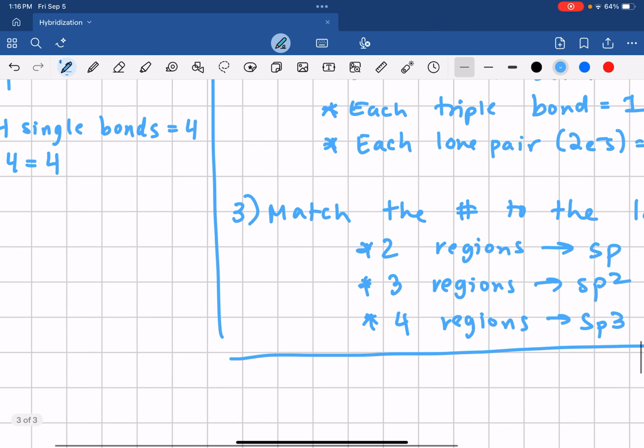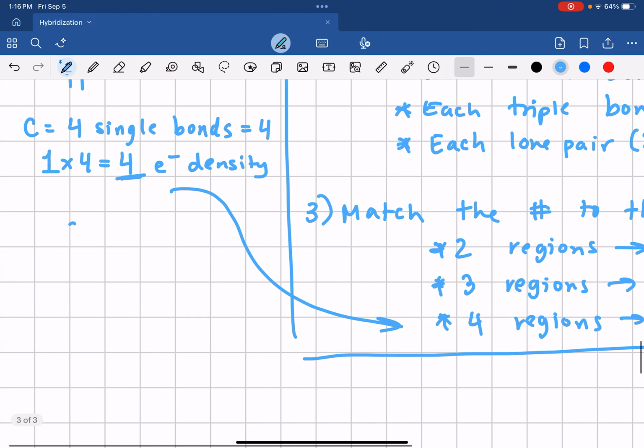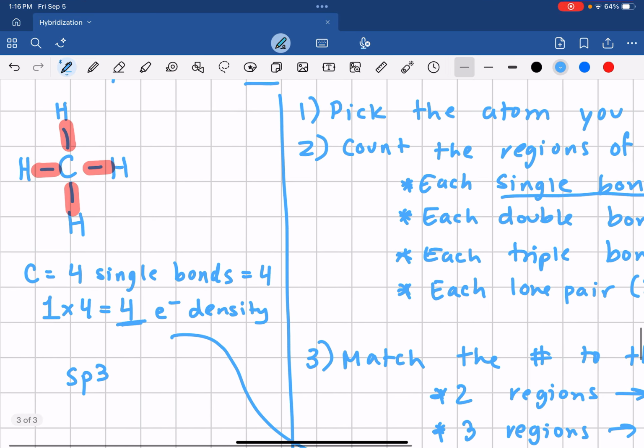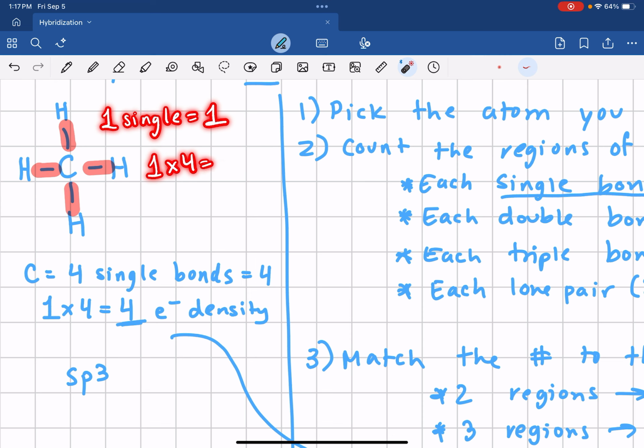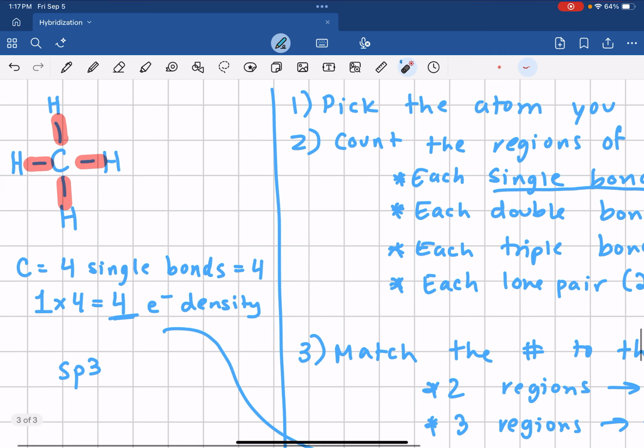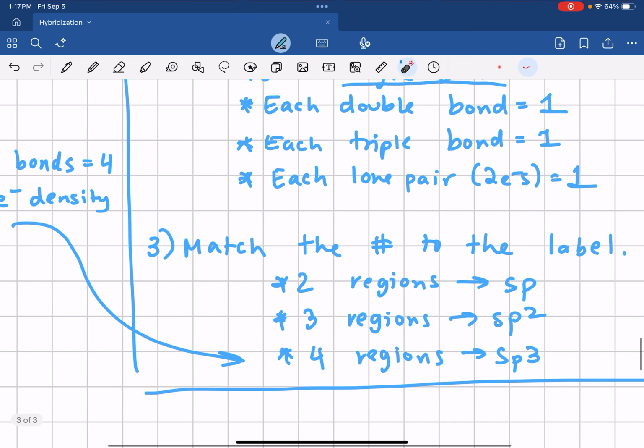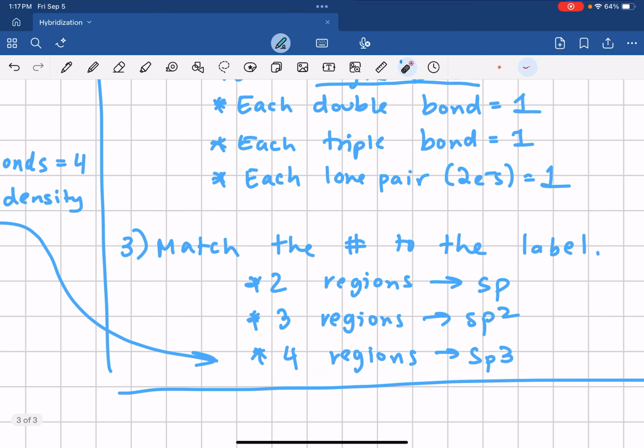Looking down here, if there are 4 electron density regions, that'll give me an sp3 configuration. Let's recap that again. Carbon has 4 single bonds. And we said each single bond counts as 1. So 1 times 4 is 4. Coming down here, 4 regions is sp3.